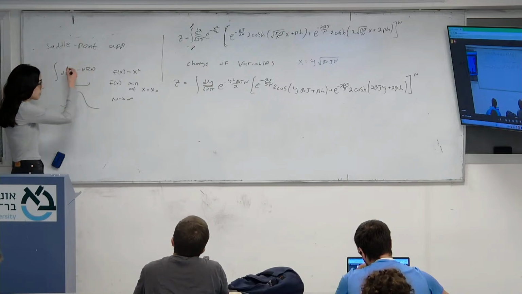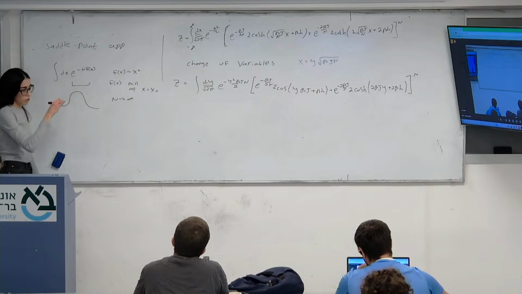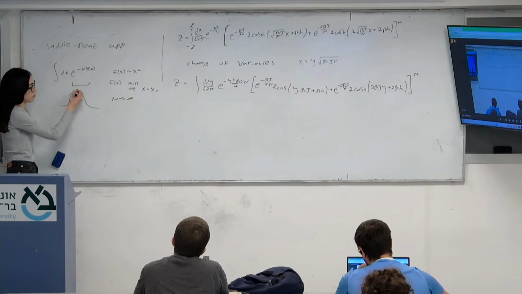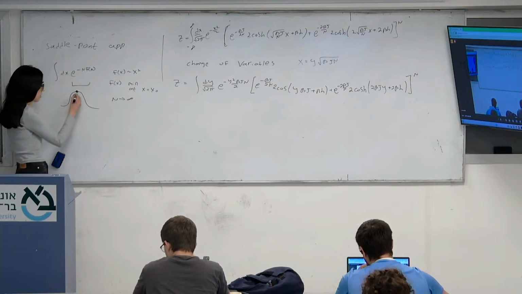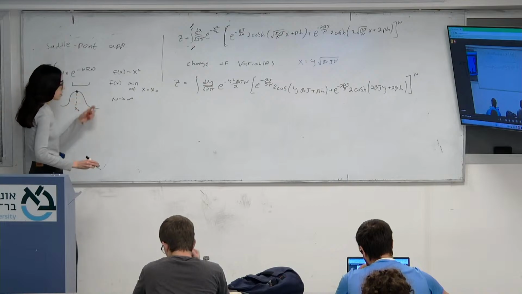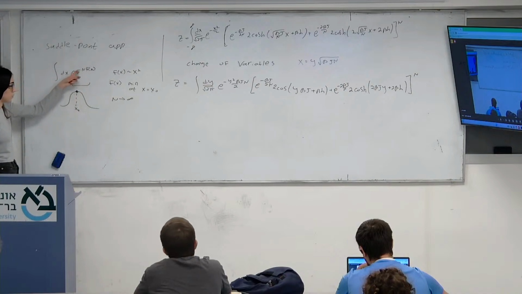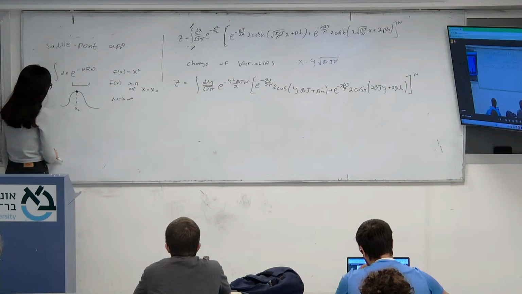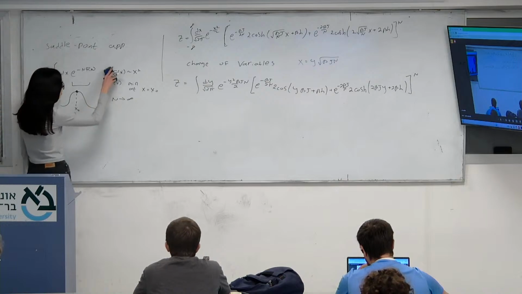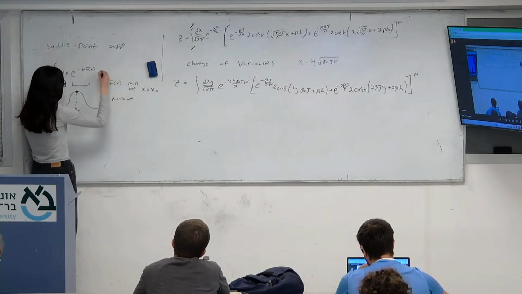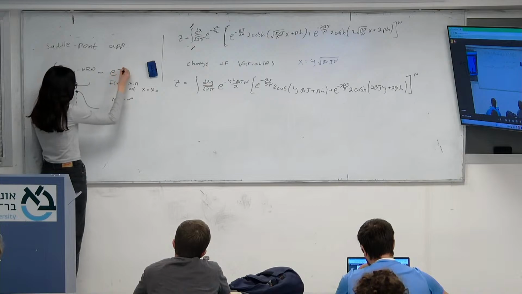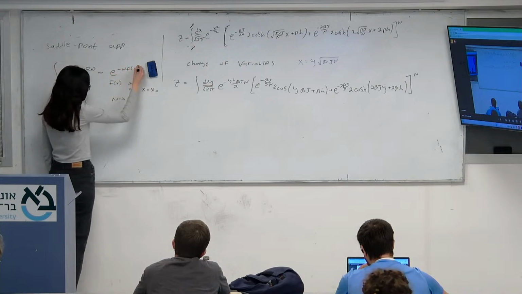So most of the contribution to the integral is going to come from this point here, which is x0. So if the minimum of f of x is in x0, then the maximum of this exponent is also in x0. And in that case, you can approximate this integral to be just e to the minus n f of x0.